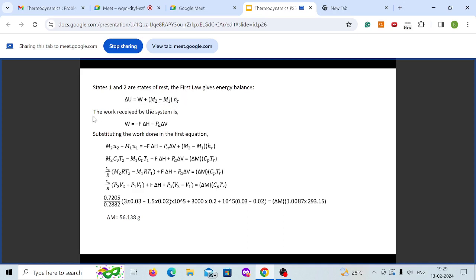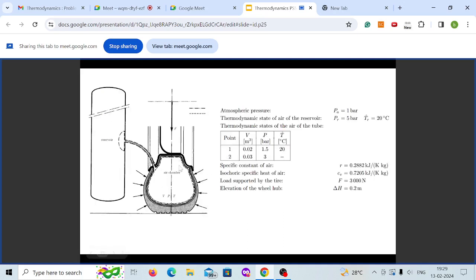So what is the work done in the system? Here your work is done because you are pushing air inside the tire. So the tire is doing work. The tire is lifting the load by 0.2 meter. So that is one work. The other work is that it's getting expanded, so it will do some work on the surroundings.